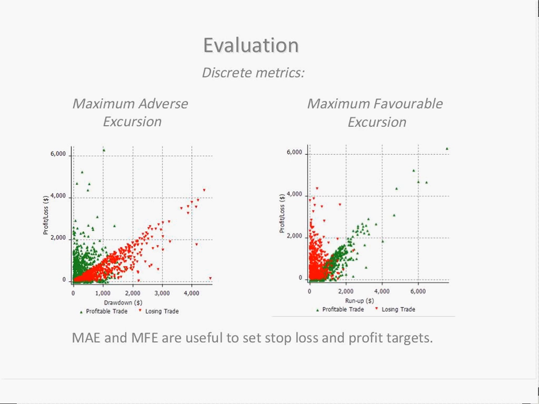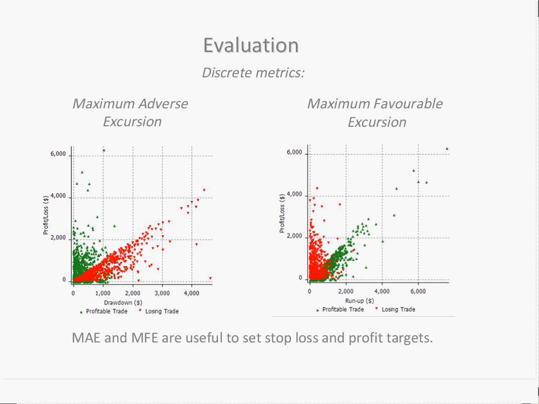Far more interesting are discrete metrics, and among those, maximum adverse excursion and maximum favorable excursion are perhaps the most interesting and most useful. So, what is adverse excursion? As you see on this chart, each dot denotes a trade, red for a losing trade.